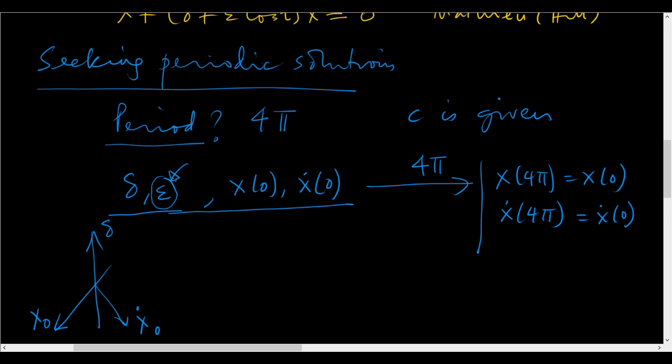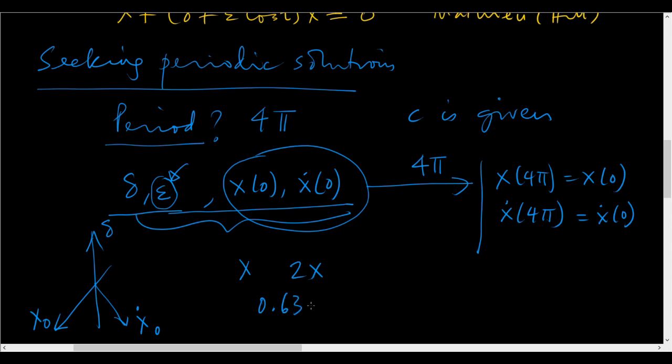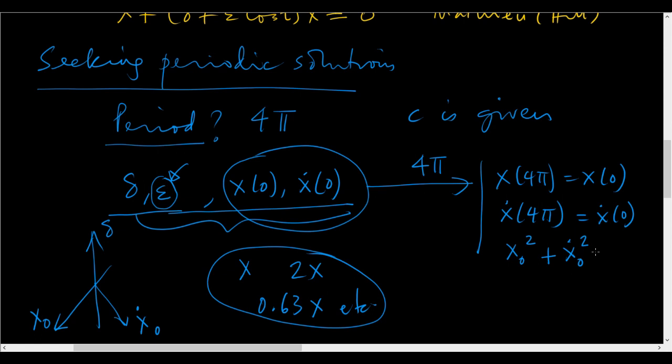Okay, so I need to know 4 things, but I want a solution curve. So now epsilon is a parameter. If epsilon is a parameter, then I need 3 equations here, and the third equation will be obtained from the fact that it's a linear equation, you see. So if x is a periodic solution, then 2x is a periodic solution, 0.63x is a periodic solution, etc. All of them are periodic solutions, and so we will have x0 squared plus x dot 0 squared equals 1.